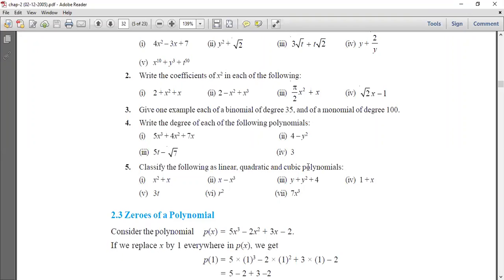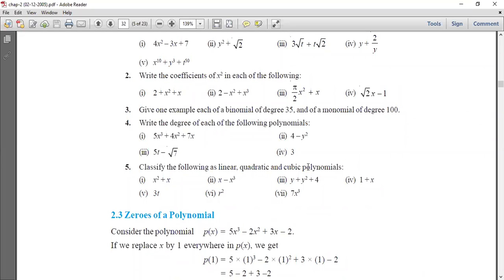The first exercise of RS Aggarwal also. Will you solve it? Ma'am, will you send RS Aggarwal? Yes, I will send you. Does everyone have the NCERT textbook? Yes, ma'am. Then I'm not sending NCERT.